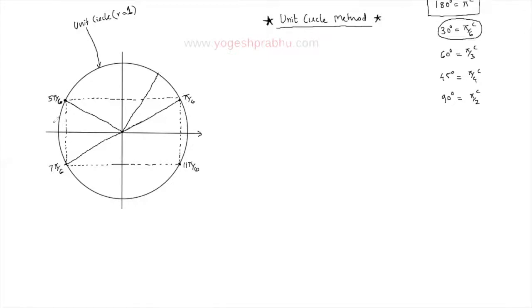So now you can remember this entire thing as a series of pi by 6. Let me just draw this line also. That's this angle here. And I hope you also understand that 11 pi by 6 is the angle from 0 to this point. Fair enough. So once you understand this, you can find all the angles using the same technique.